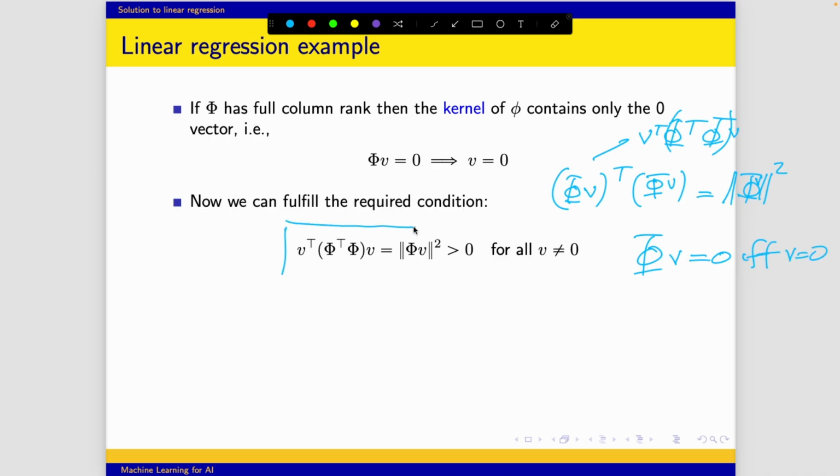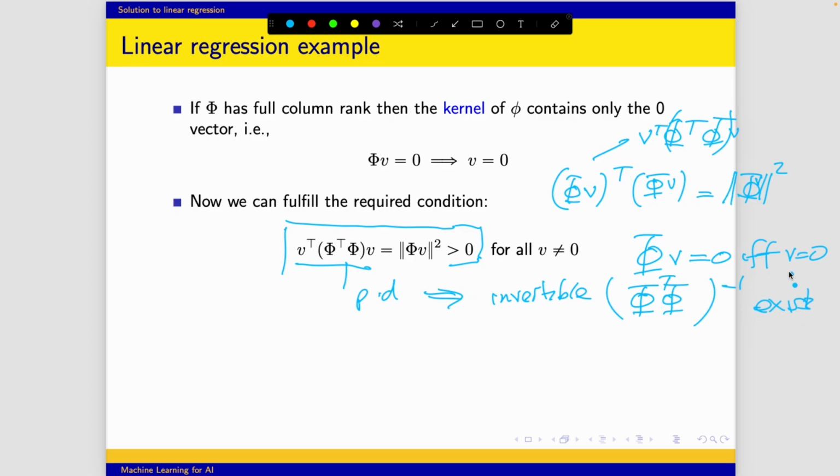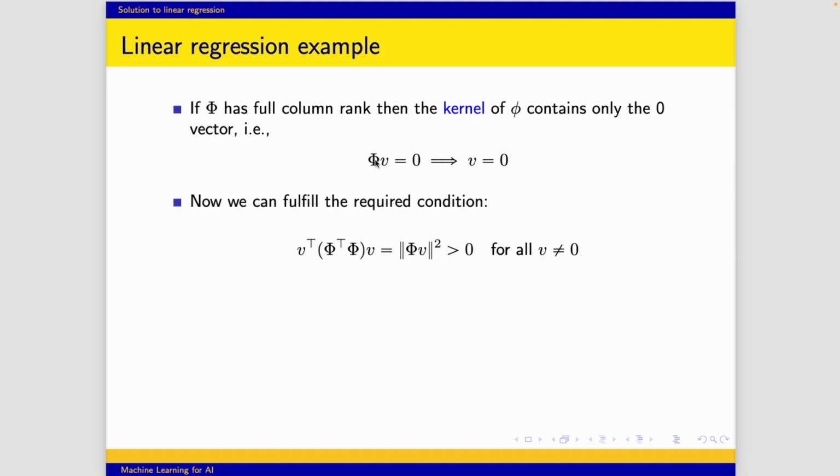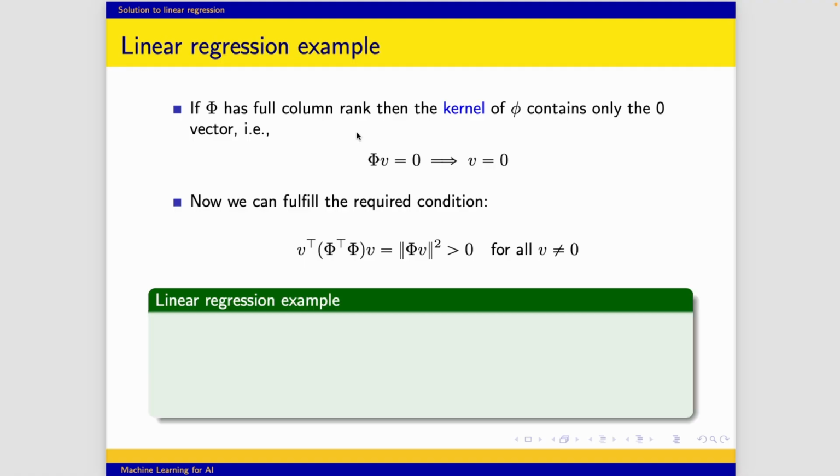So we get the condition that this is greater than 0 for all v except the 0 vector. Therefore this is positive definite, and therefore it's invertible, meaning phi transpose phi inverse exists. So this is why we require this condition that the design matrix has full column rank. I'll come back to this later on, some technical details associated with it.